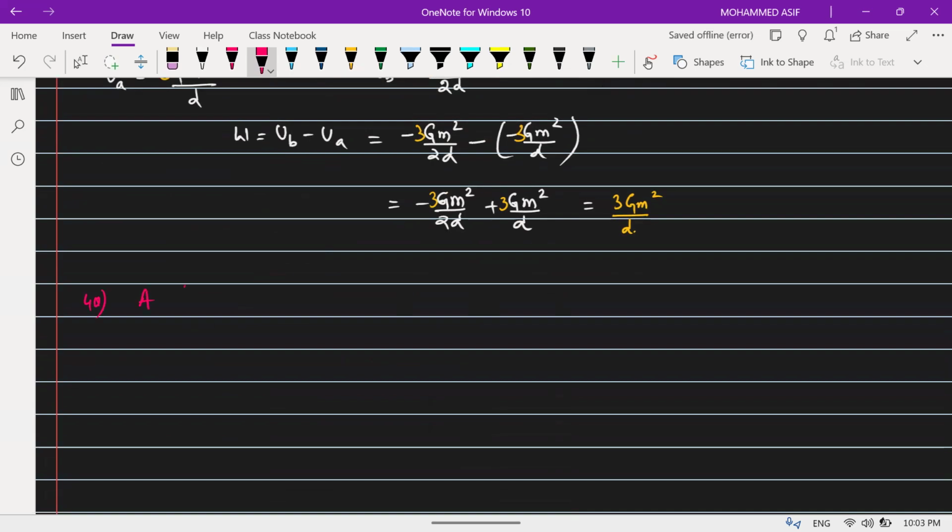A satellite is launched into a circular orbit of radius capital R around the earth. ठीक है.